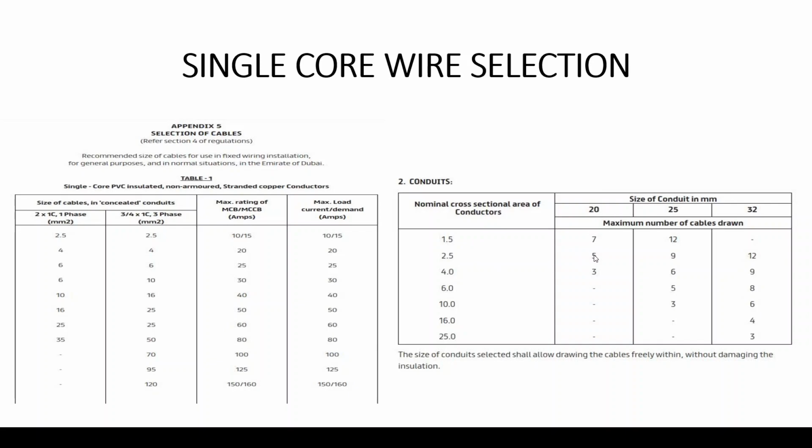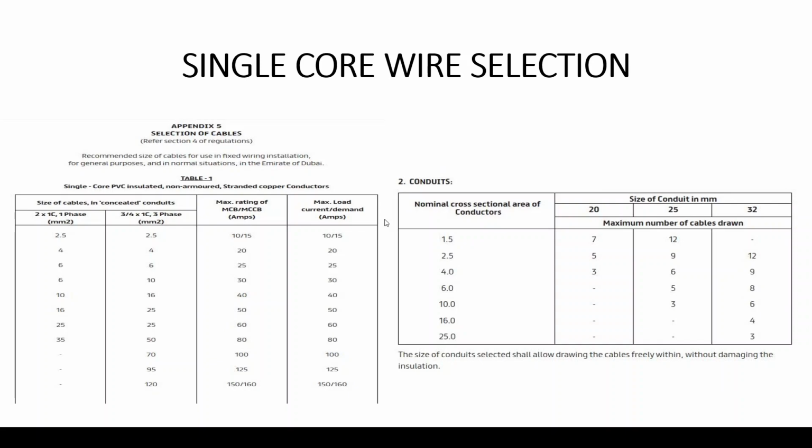If I have to use more wires, for example multiple switches or extra number of points in this light circuit, I would go for 25 mm, which can take up to 9 number 2.5 mm wires. Again, you can see for the 32 mm. So you need to keep in mind the suitable size of conduit, which can take the number of wires for your circuit.